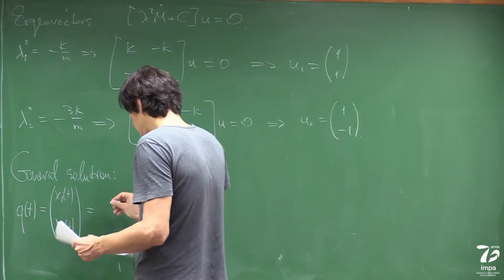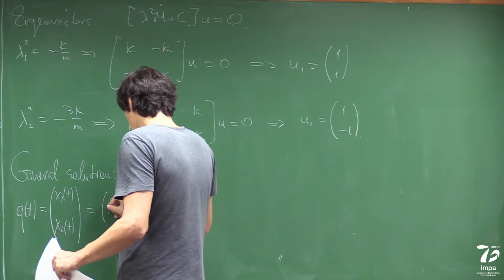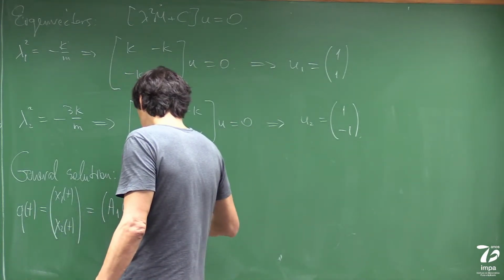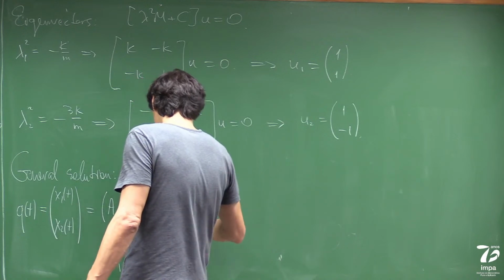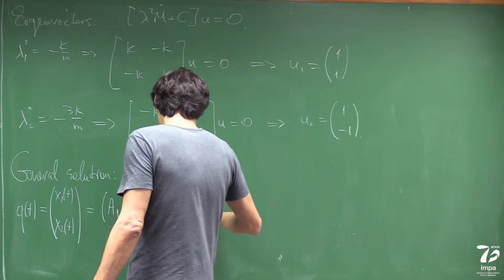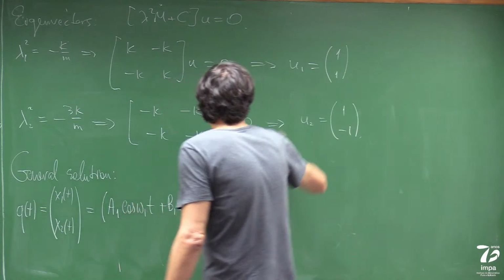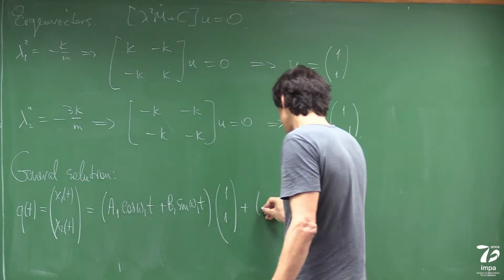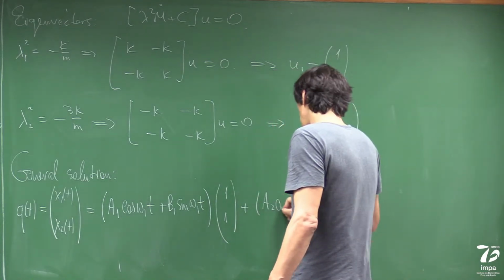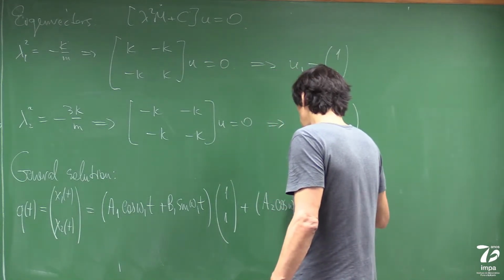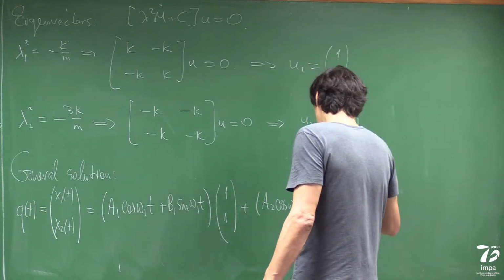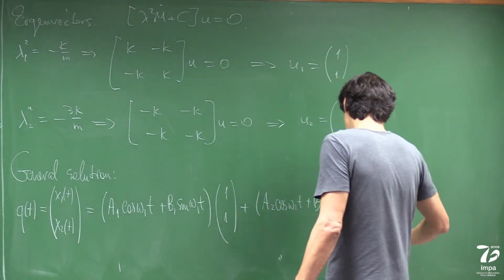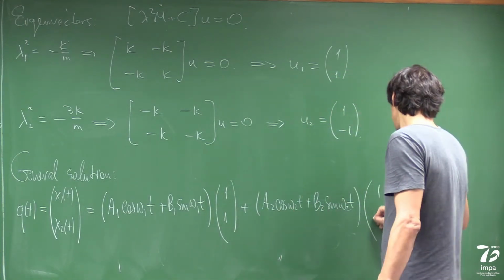It becomes the first term, a1 cosine omega 1 t plus b1 sine omega 1 t, times the eigenvector, plus a2 cosine omega 2 t plus b2 sine omega 2 t, times the second eigenvector.